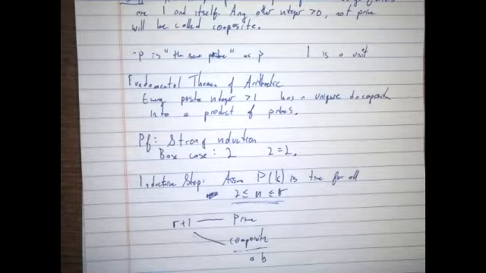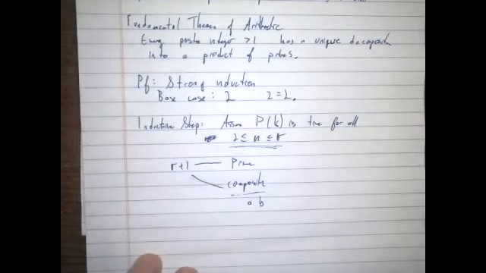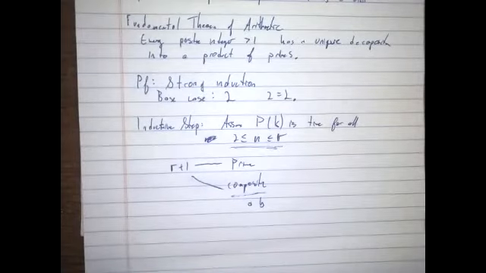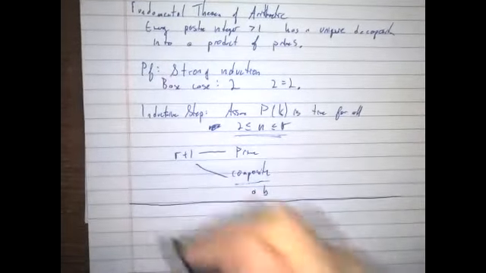Are we okay remembering the idea for how this proof goes? Cool. I don't want to just redo the whole proof because we already did it. So that means that every positive integer can be written uniquely, and the uniqueness is important, as a product of primes.